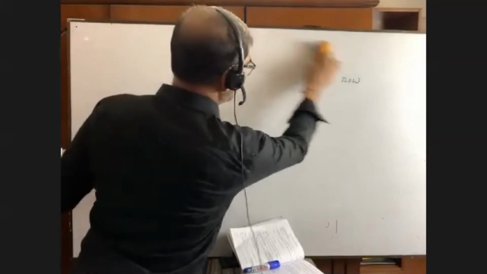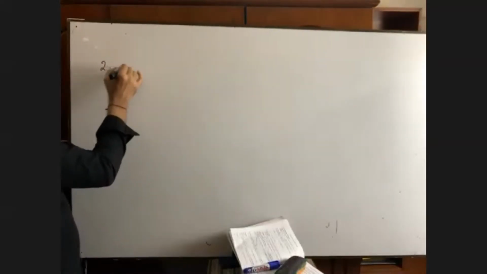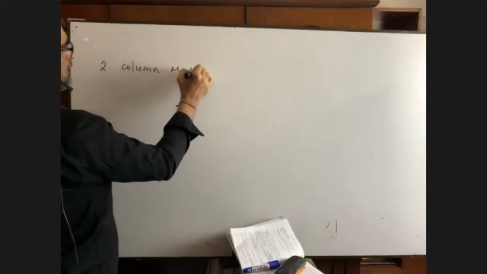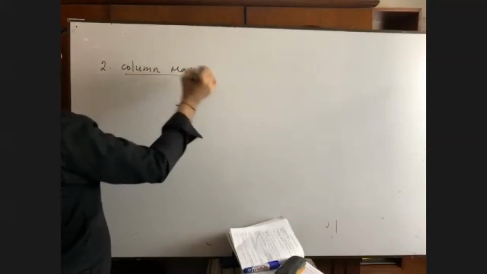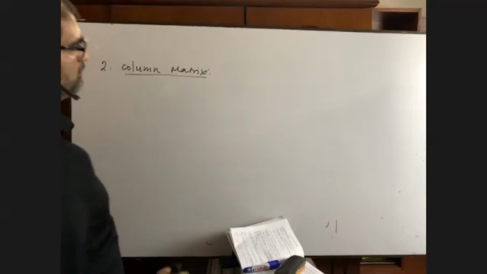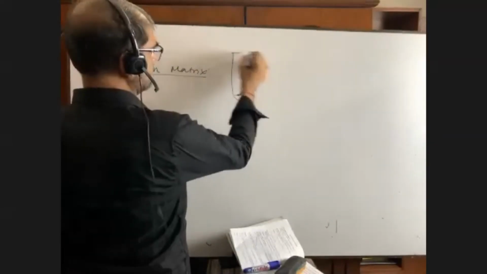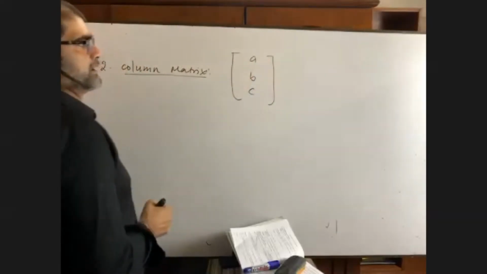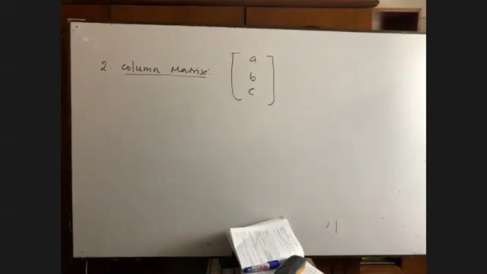Now we are going to write down column matrix, number 2. Column matrix: a matrix having only one column. That means it is A, B, C. How many columns are there? Only one column.